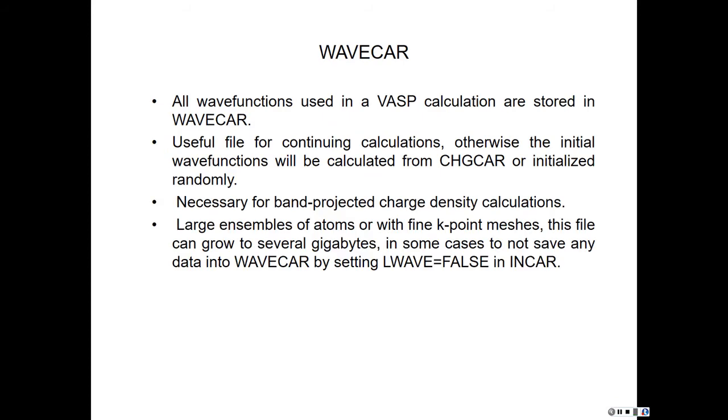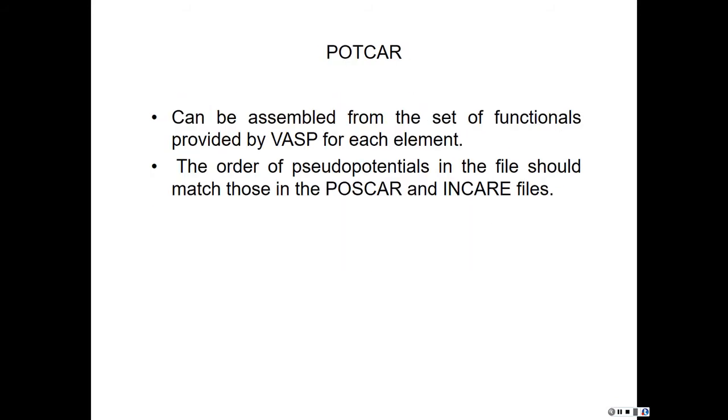Where are you taking the potentials for this POTCAR file from? It's given in the bus. In which directory or which website? Okay, it's a question for the future. Where to take the potential?